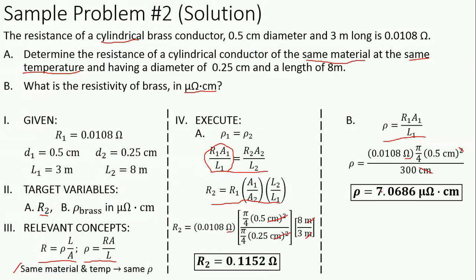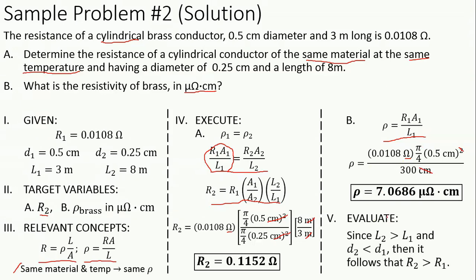Before ending this lecture video, let's at least try to evaluate if our answers make sense. For letter A, we have R2 of 0.1152 ohm, and we're given two sets of dimensions. Conceptually, using this formula, if you increase the value of L, or decrease the area or the diameter, both will cause the resistance to increase.